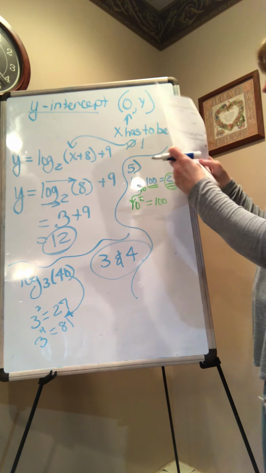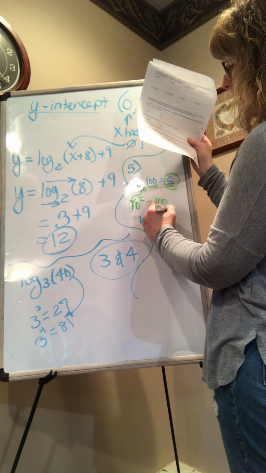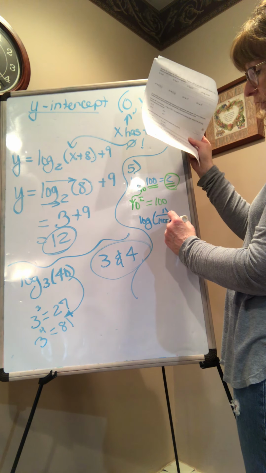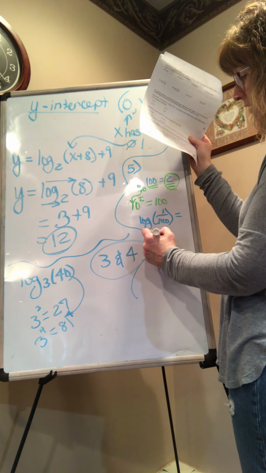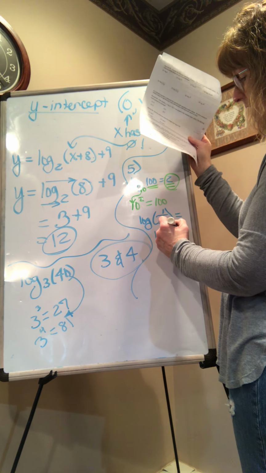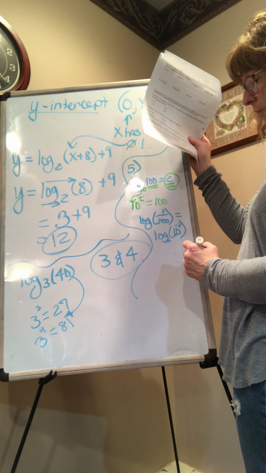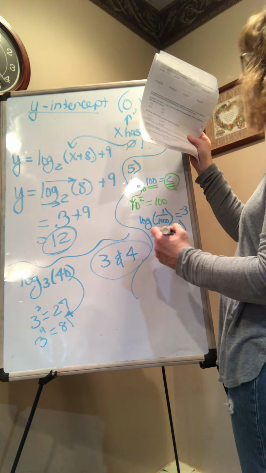Now B, they give you the log of 1 over 1,000. Now 1,000 is 10 to the third, but we flip it, and this equals the log of 10 to the negative third, and since this has that invisible base of 10, the answer to this is simply negative 3.